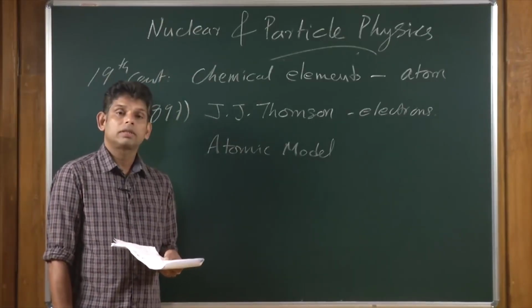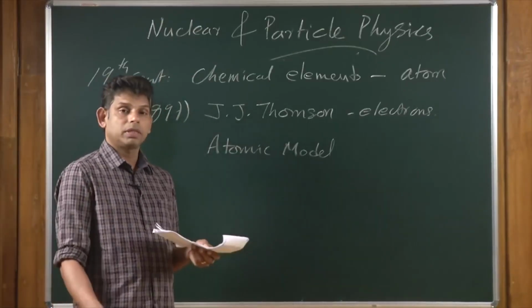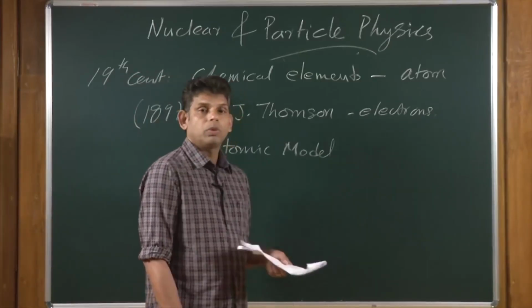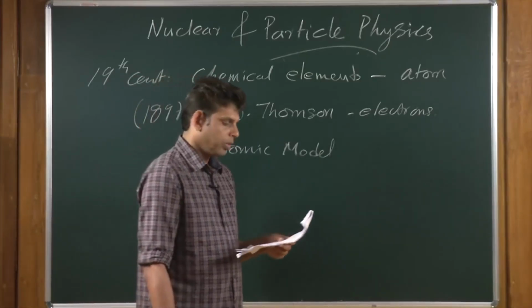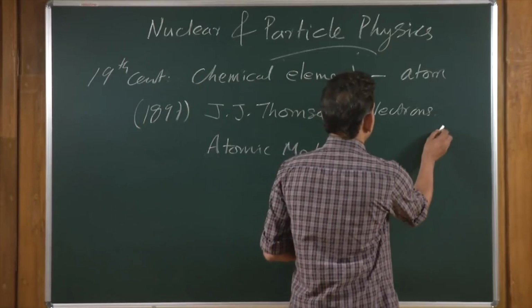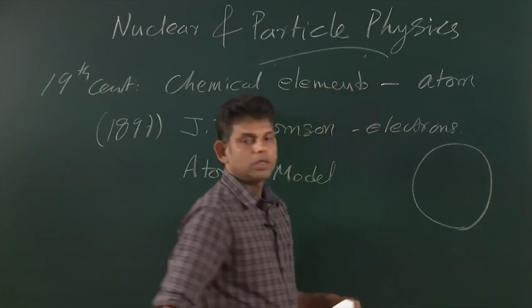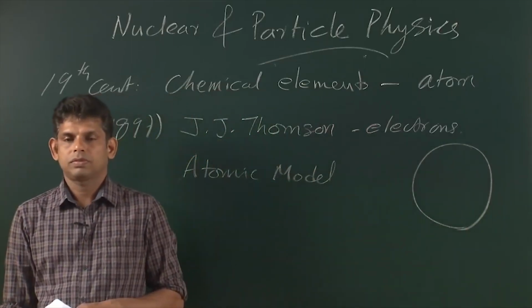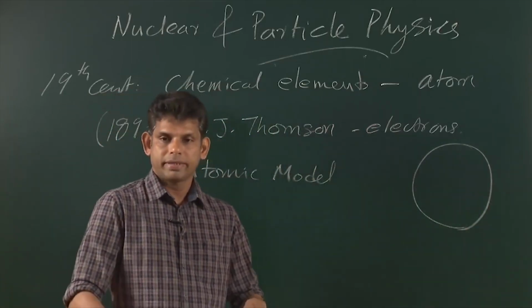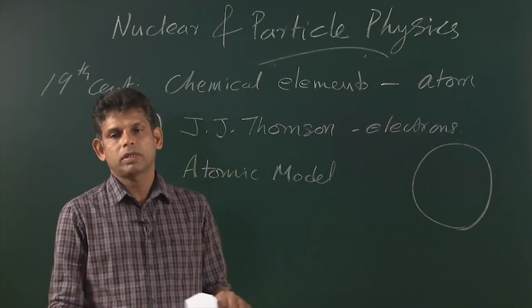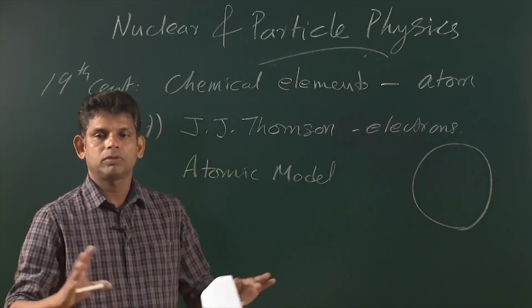They had suggested that, but it is basically mostly due to Thomson, that atom looks like a positively charged sphere, kind of positively charged matter, somewhat uniformly distributed positive charge.